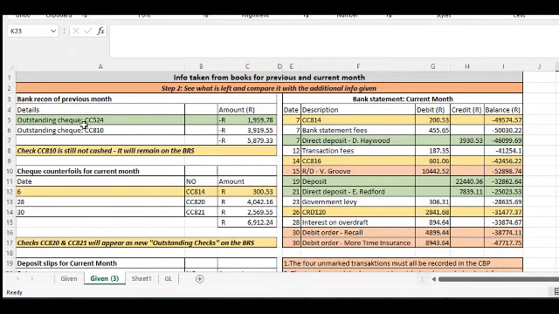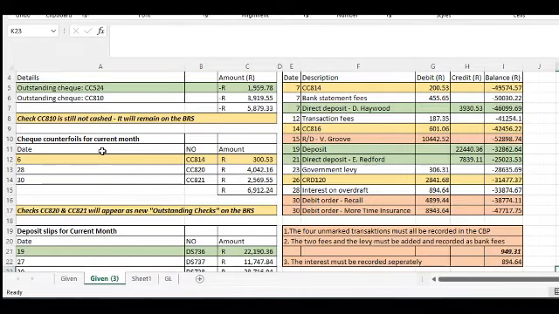But really, we will see that as far as our bank recon of the previous month is concerned, there are those 2 outstanding checks that didn't appear in our bank statement. Then we have the check counterfoils for the current month. We know that there's this one where there's some discrepancy.